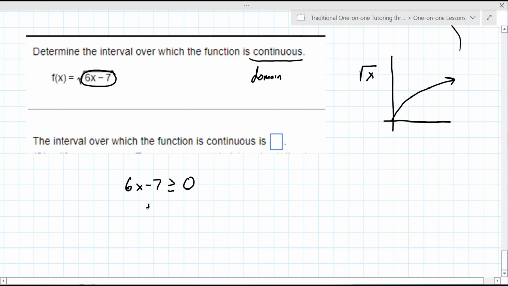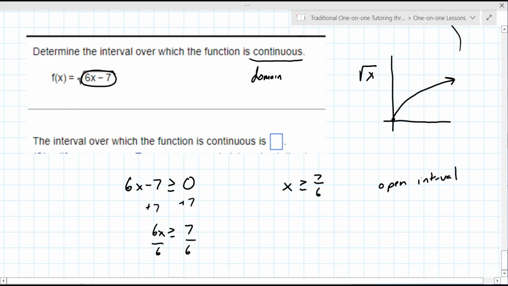To solve this, you add 7 to both sides, divide by 6, and you get x is greater than or equal to 7 over 6. Continuous, though, requires that, I'm sort of guessing here, I believe it wants what's called the open interval.